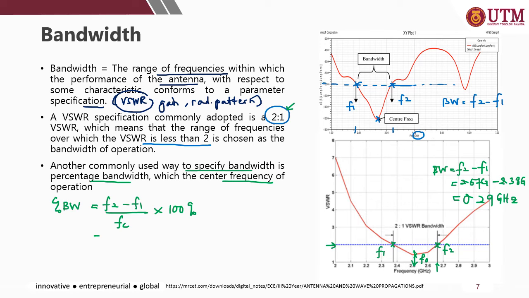So in this case, F2 is 2.67 minus 2.38 divided by, we assume F0 is equal to 0.5 here, gigahertz, multiplied by 100%. So you'll get the bandwidth is around 11%.